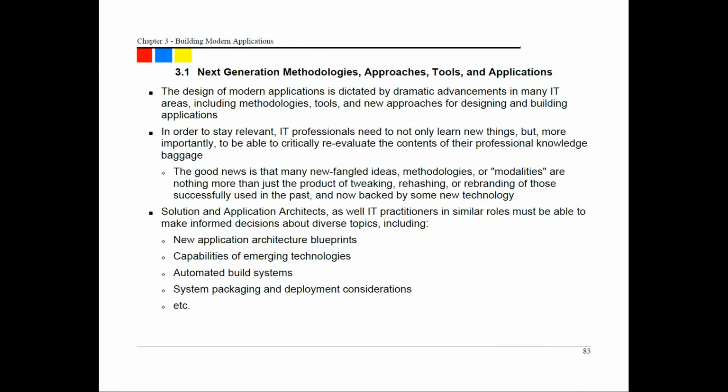We've moved away from a simple application that gets a new revision every year and a half, to things like continuous improvement, continuous delivery, continuous integration.